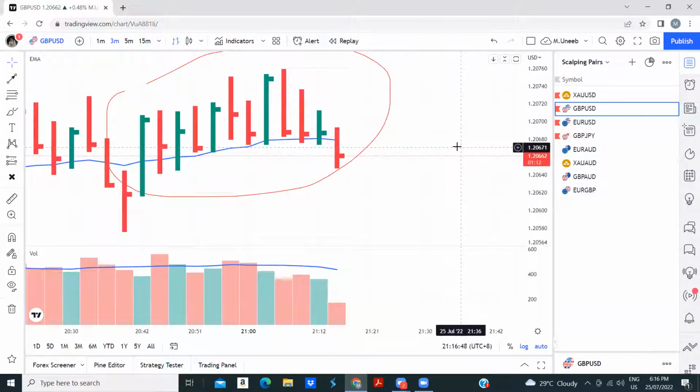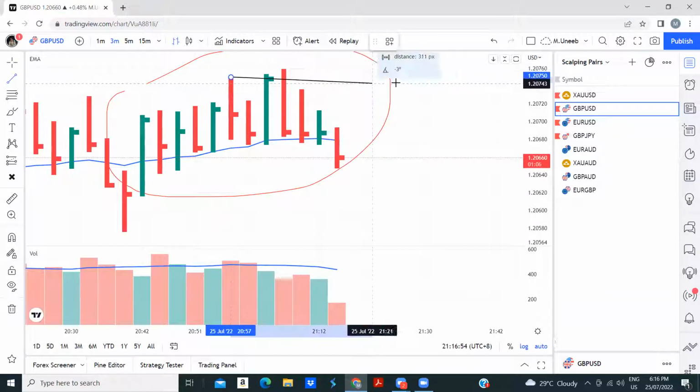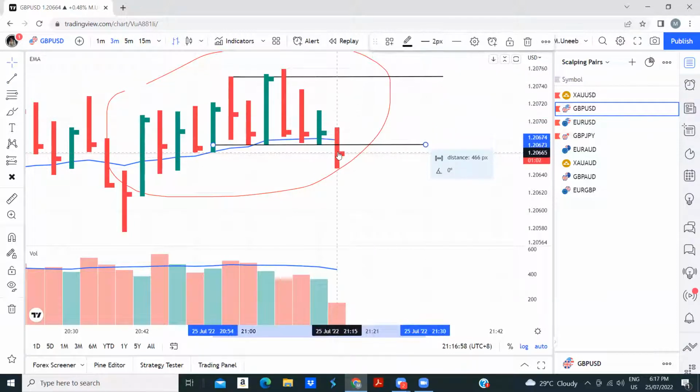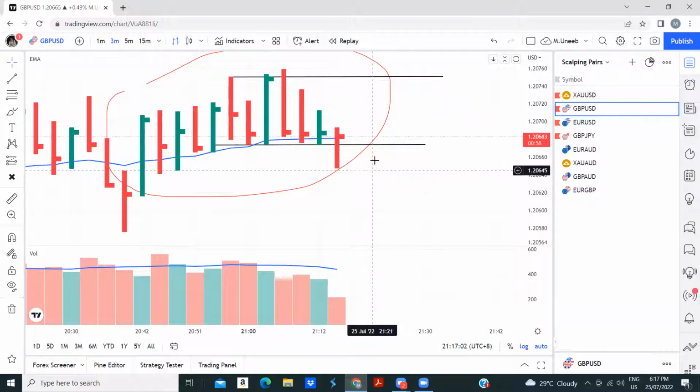See, now what's happening now? The price has turned down, right? So obviously we are waiting for the spring. Now let's see if this will form spring or not. If this forms a spring, then we see a good signal here.